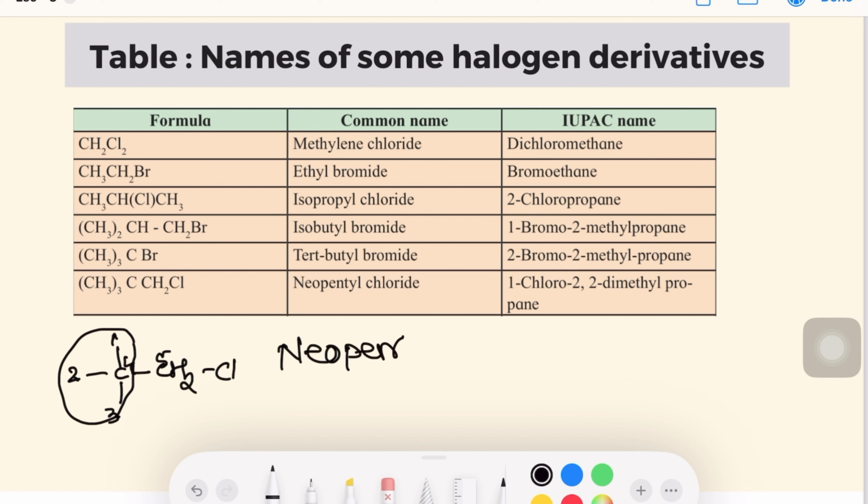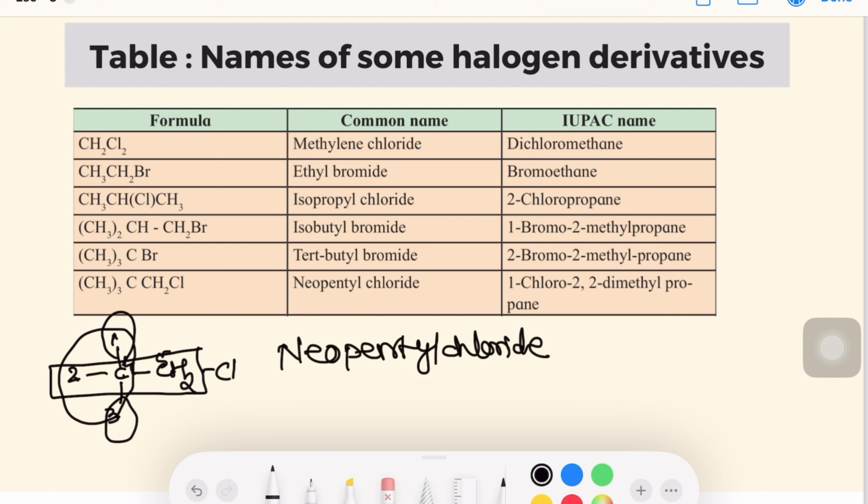And the IUPAC name is, select the longest carbon chain. Again 1, 2, 3, to which the halogen is attached. So I am selecting this. At the 2 number carbon atom there is 1 methyl group. Here is also another methyl group, and at position 1, the nearest carbon, there is the halogen.